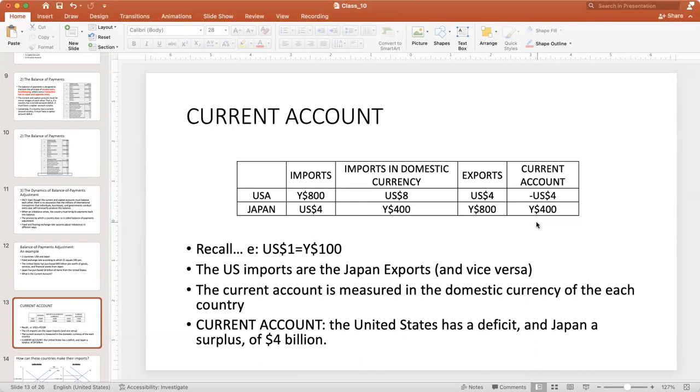But what is going to happen if we are at a fixed exchange rate level? How is the adjustment of the balance of payments made? Because at this moment there is not a balance between the current account and the financial account. So let's begin.